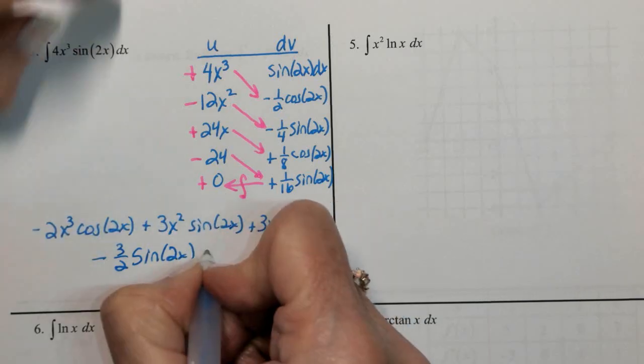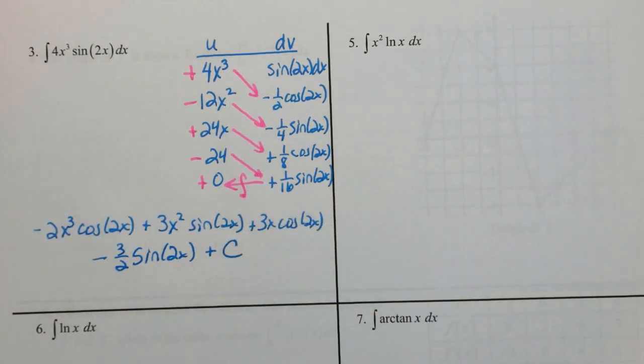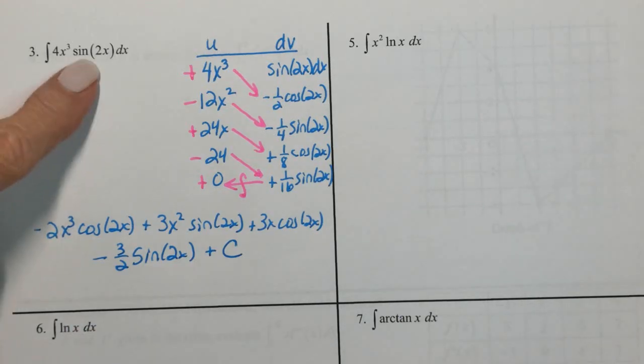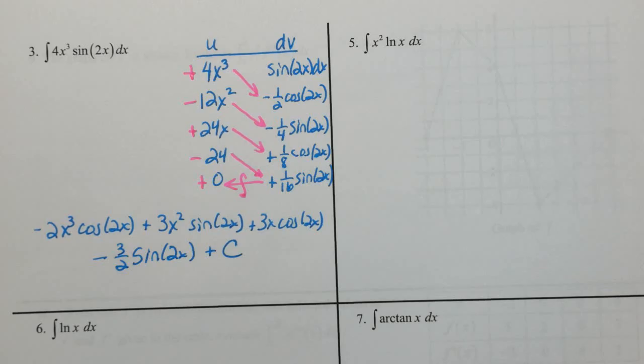The integral is going to be 0, so plus c, and we're done. You can notice the pattern of the decreasing powers of x, and of the alternating between cosine and sine. We started with sine, so we start with cosine. You can notice these patterns going on.